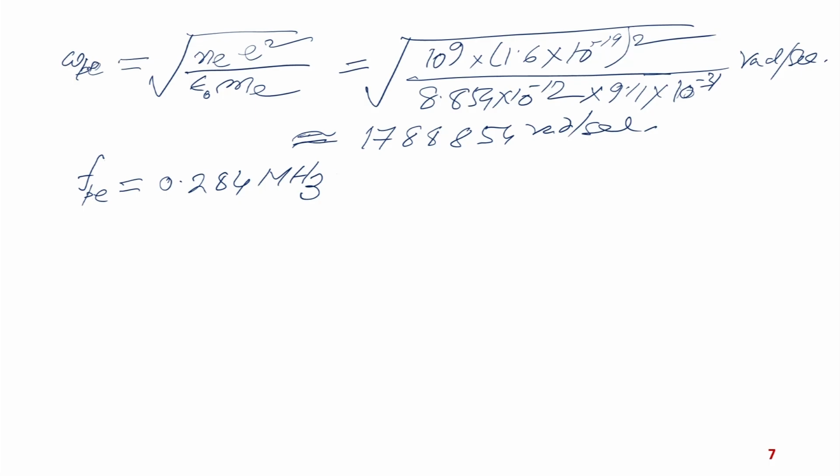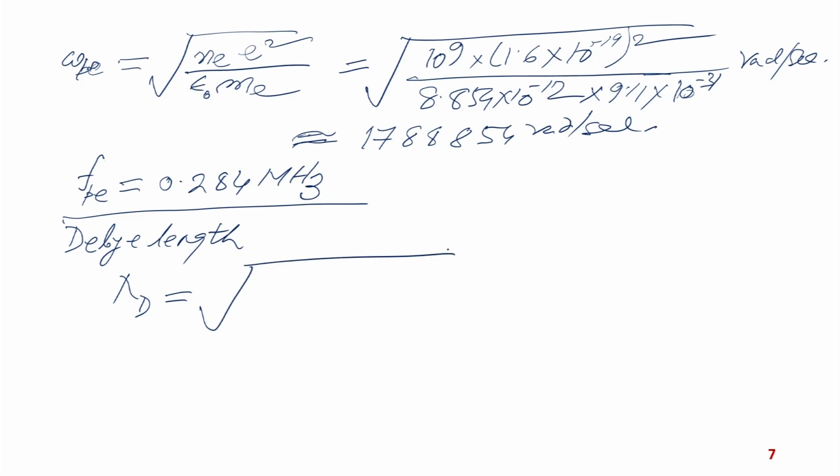Okay. And next we will calculate the Debye length. The Debye length formula is lambda D is equal to square root of epsilon 0 times k_B T e divided by n e e square.